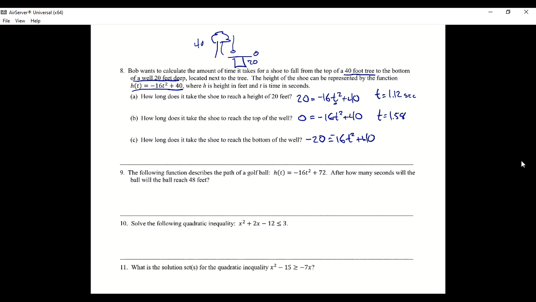And then for our last one, we go back to y equals again, go to y2, and we set it to negative 20 for the bottom of the well. The graph, we have our parabola, we have our line, y equals negative 20. And this is why I set the y min to negative 25 a minute ago, so we can see that negative 20 line. So second trace, 5, enter, and we have 1.94 seconds.